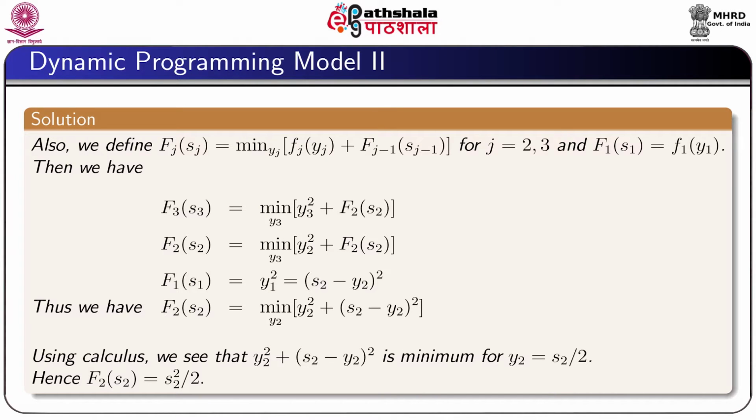Now, we use the calculus method to find the value of y2 which minimizes y2 squared plus (S2 minus y2) whole squared. And we find that the value of y2 is S2 by 2. Hence, F2(S2) equal to S2 squared by 2.